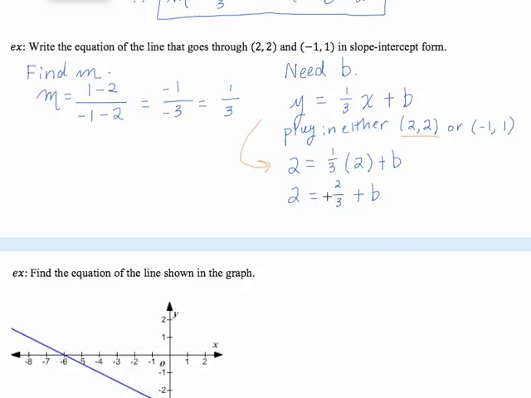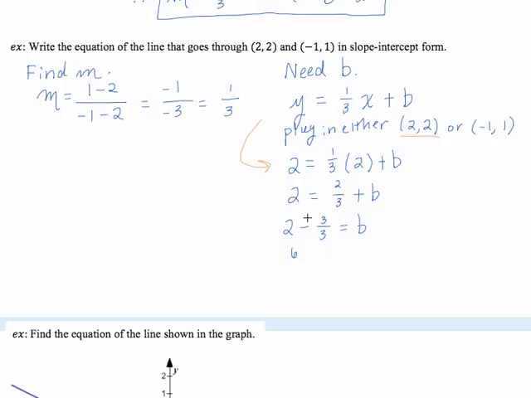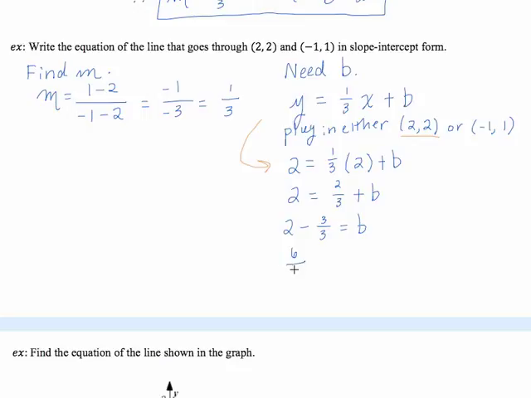So 2 minus 2/3 equals b. 2 I can write as 6/3 to get a common denominator. So 6/3 minus 2/3. Therefore, b equals 4/3.